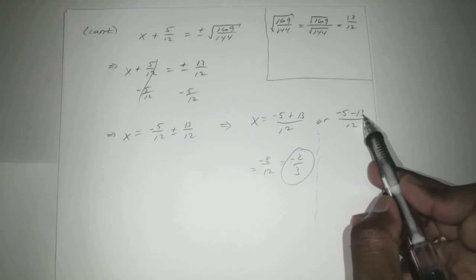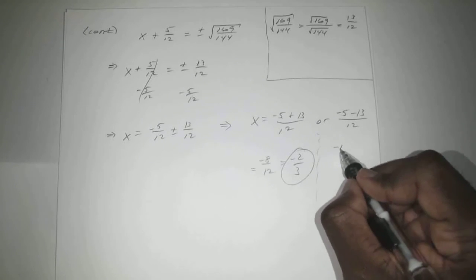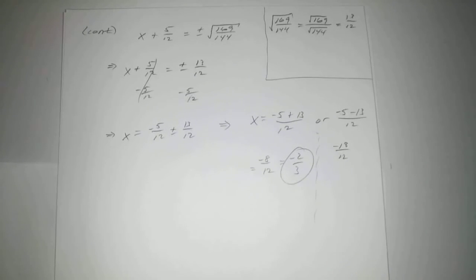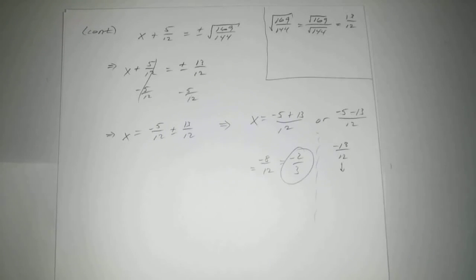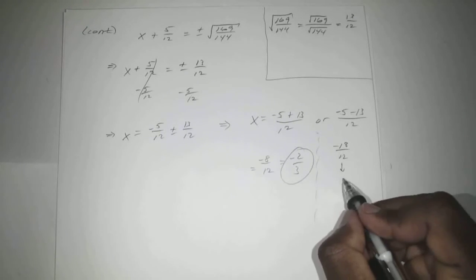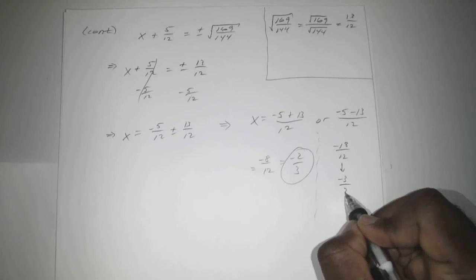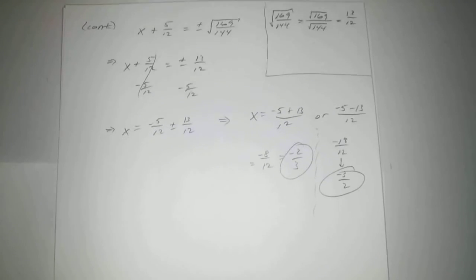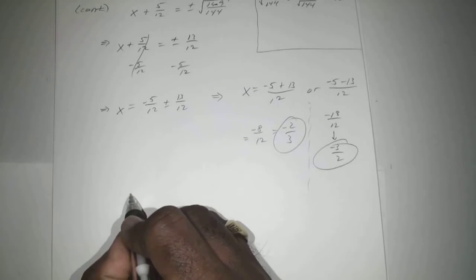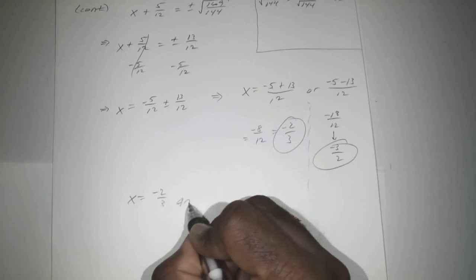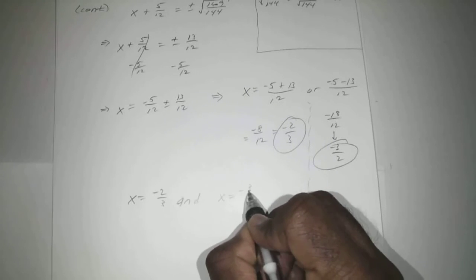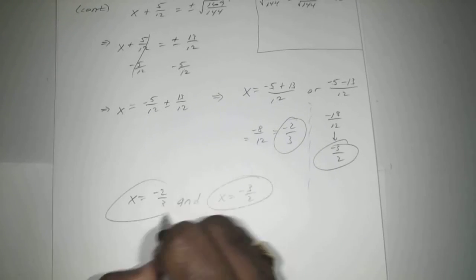And negative 5 minus 13 is negative 18 over 12, which simplifies to negative 3 over 2. So that means x equals negative 2 over 3 and x equals negative 3 over 2 are your answers.